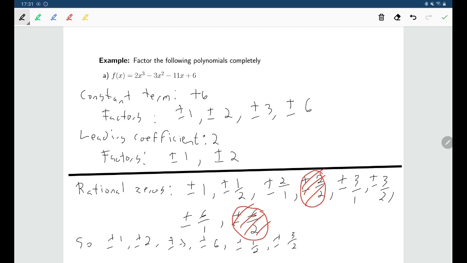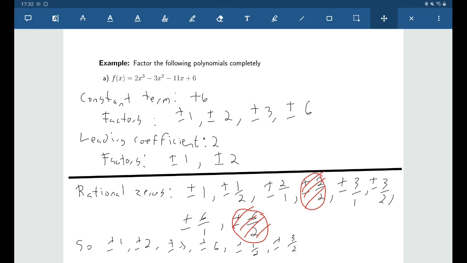So we have really only a limited list of values to check. Positive or negative 1, 2, 3, 6, 1/2, and 3/2. And of course, we're going to want to start with the easier ones first, with maybe the 1s, the 2s, the 3s, and then we'll deal with the harder ones afterwards if we have to.